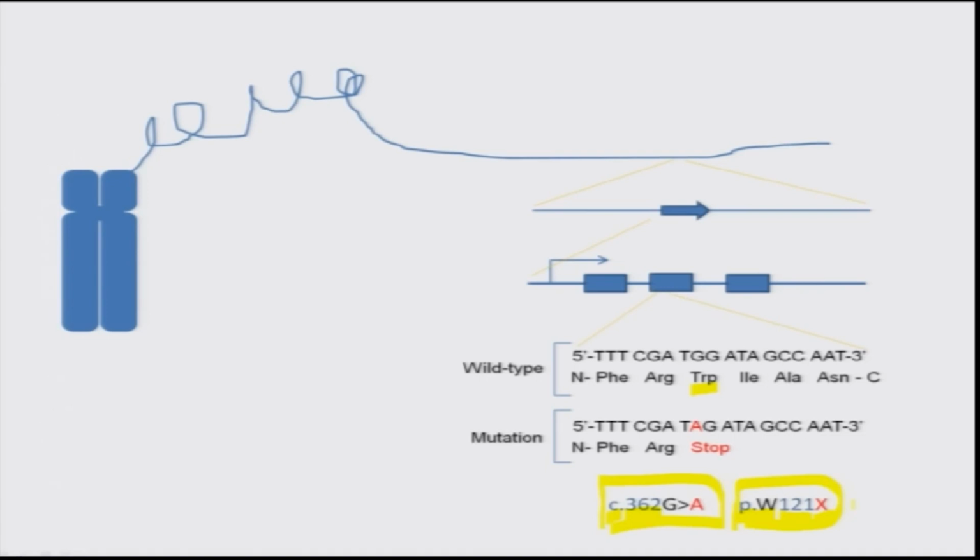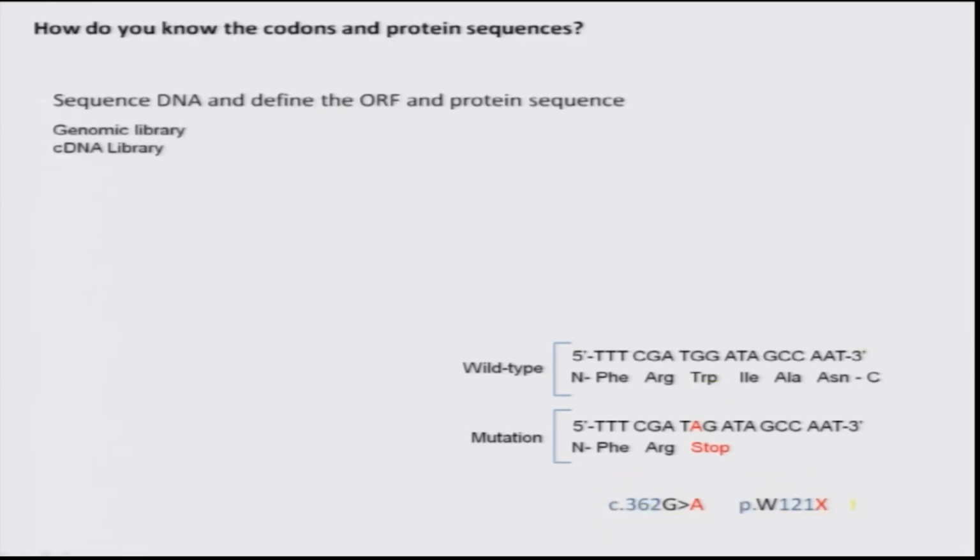This is how you represent what the mutant allele is, both at the level of DNA and at the level of protein. Now, let us ask the question, how do we really know? How do you know that this is the 362nd residue of a gene, and this is, for example, the amino acid 121st?